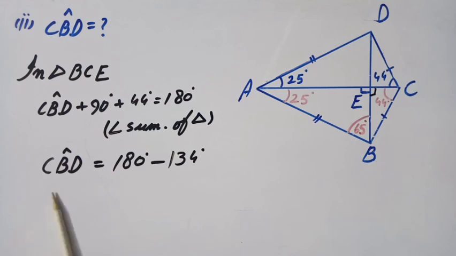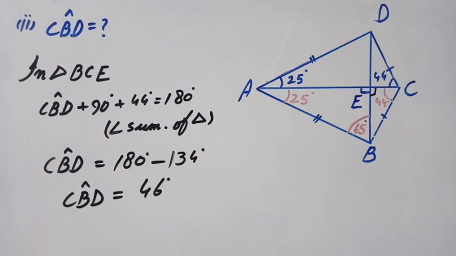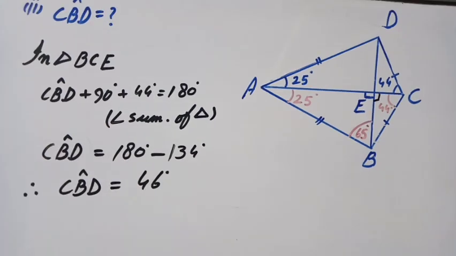CBD is equal to 180 minus this sum shifted to the other side, so minus 134 degree. It comes equal to 46 degree. Hence the angle CBD is equal to 46 degree. This way exercise 11B is finished.